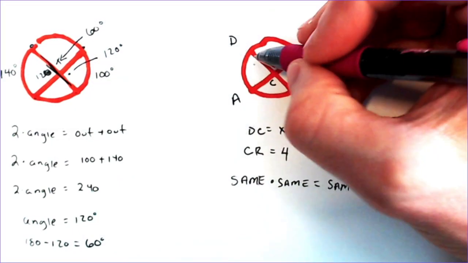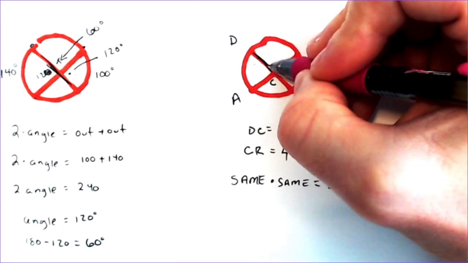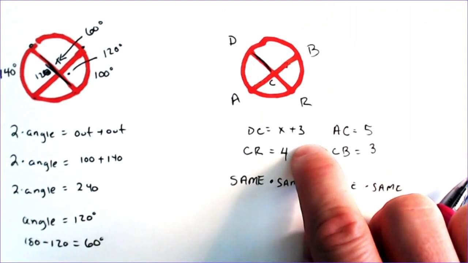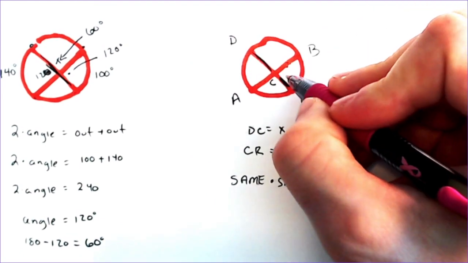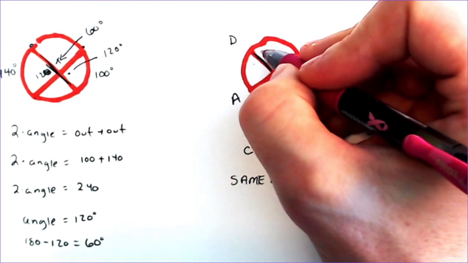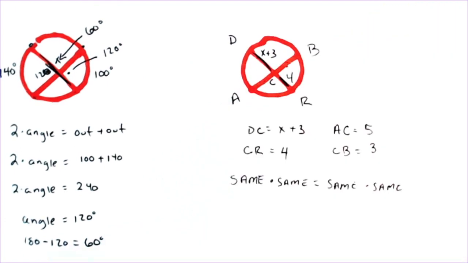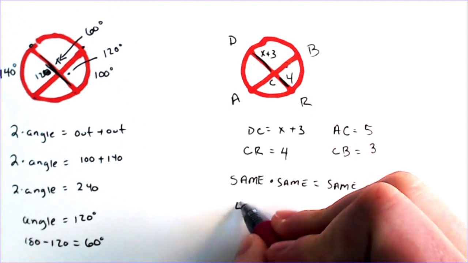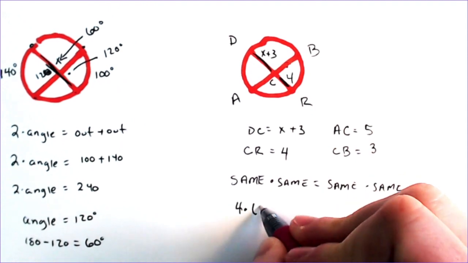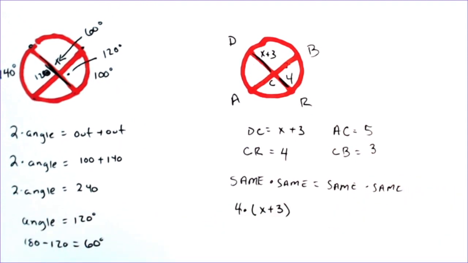So if we're looking at D to C, that's x plus 3. And if we look at C to R, that's 4. Well, that would be the same part times the same part. So I could take the x plus 3 and multiply it with 4. So I got 4 times the quantity x plus 3, so I put it in parentheses.